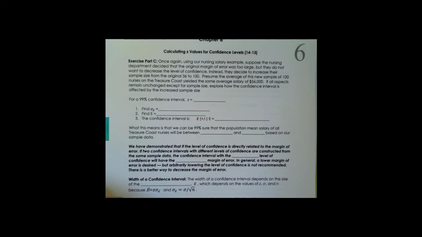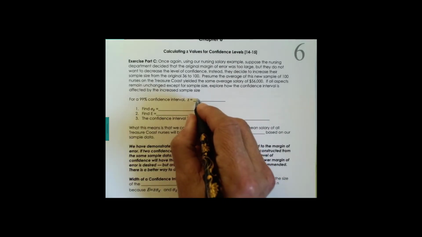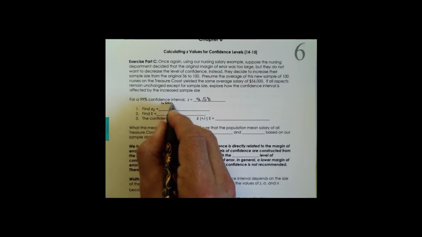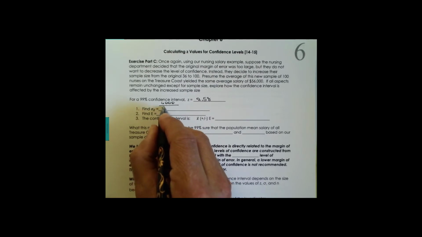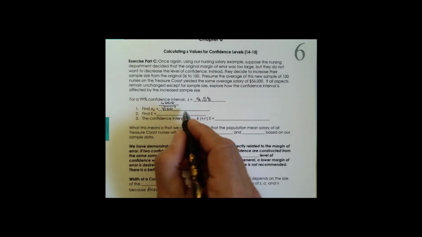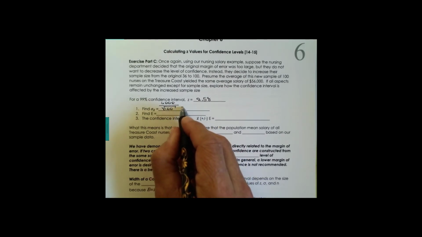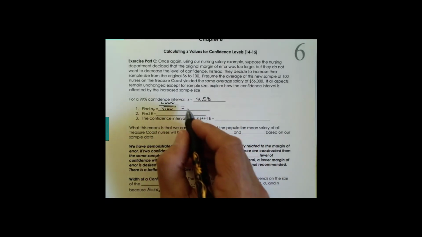And if everything else remains unchanged except the sample size, let's look at what difference this makes to our confidence interval. So for a 99% confidence interval, once again, we use that z-score that we calculated before, 2.58, and we take the standard deviation. We're going to keep it the same too, taking 6,000, and this time though we're dividing by the square root of 100, so it's going to be 6,000 divided by 10 instead of 6,000 divided by 6.